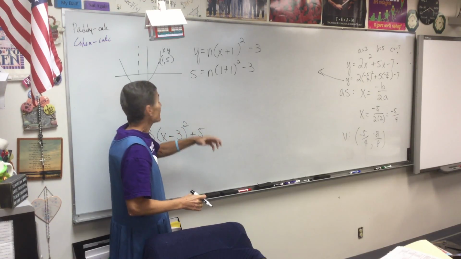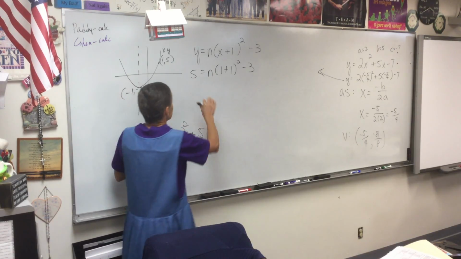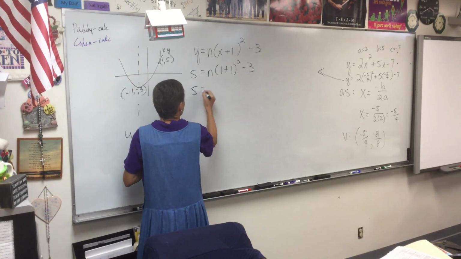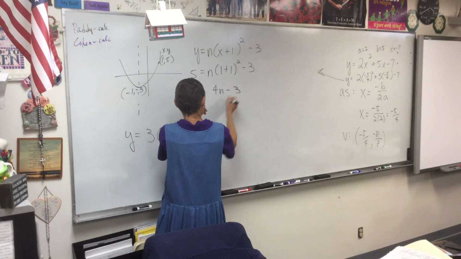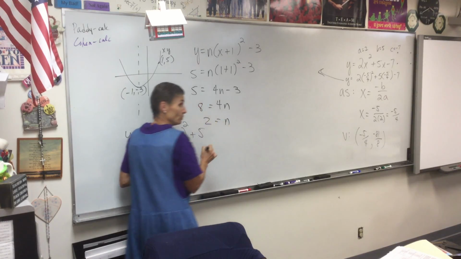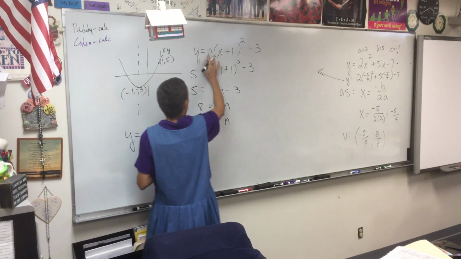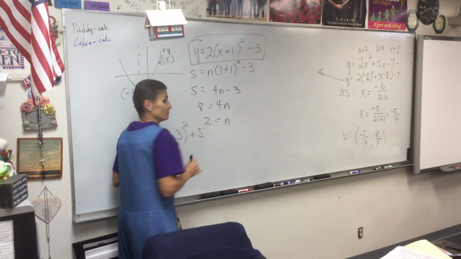And then, as Patty said, I put in the point that controls the width to figure out what that number is. So 5 equals n times (1 plus 1) squared, that would be 4n, minus 3. So that number is 2. Yeah. So your answer is right there.